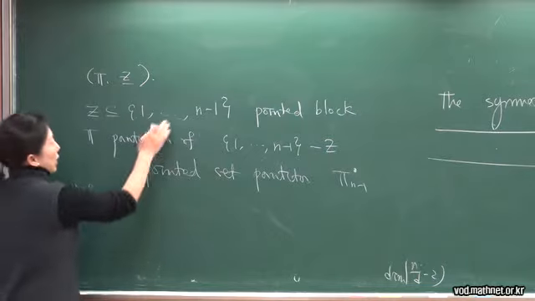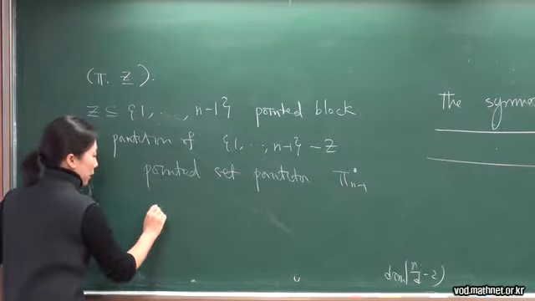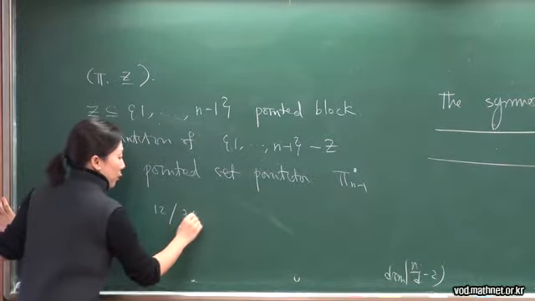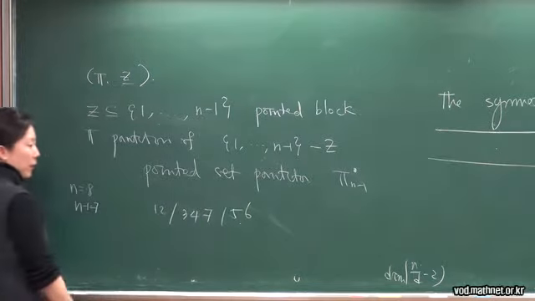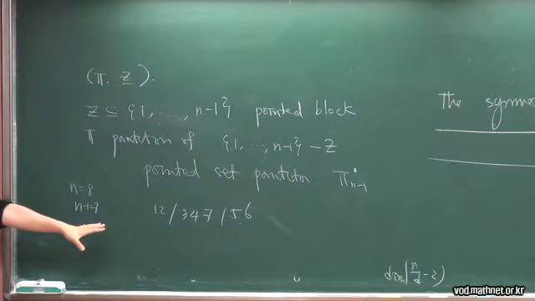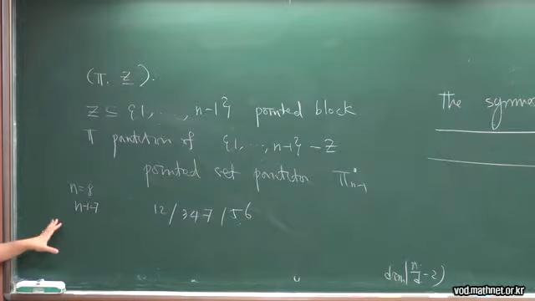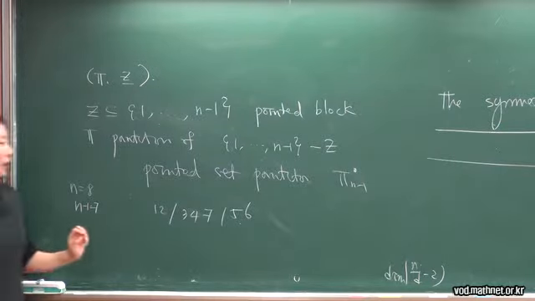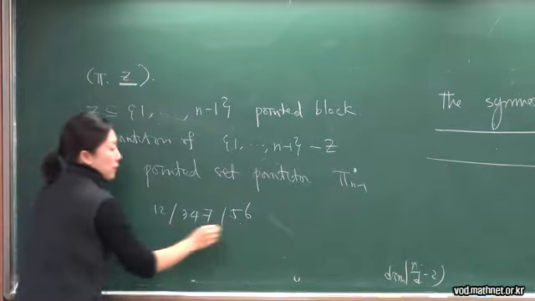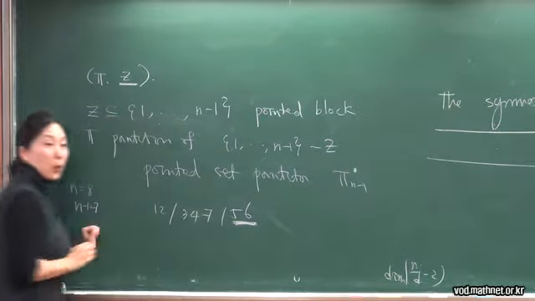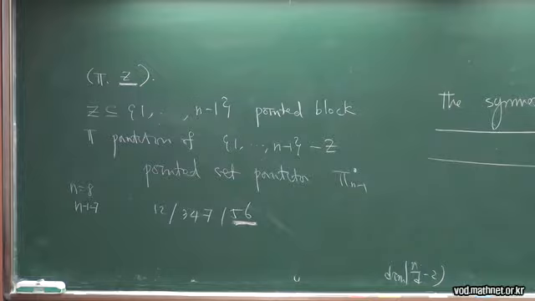Here, in the case of 1, 2, 3, 4, 7, 5, 6, I have a set partition of the 7 elements. And I will write that the final one is special, the pointed block. Why is the pointed block special?